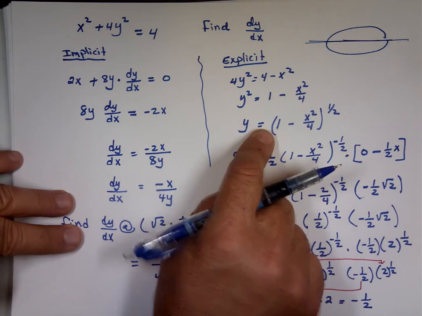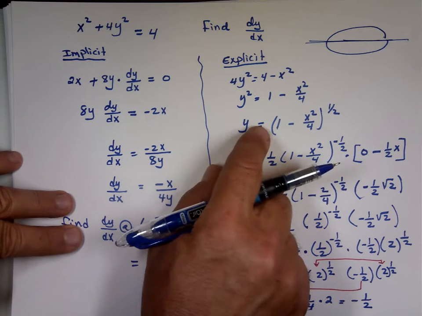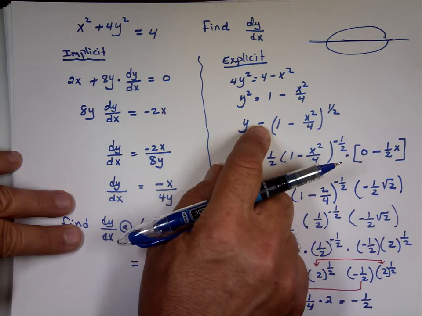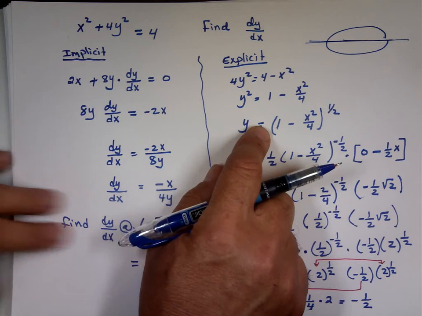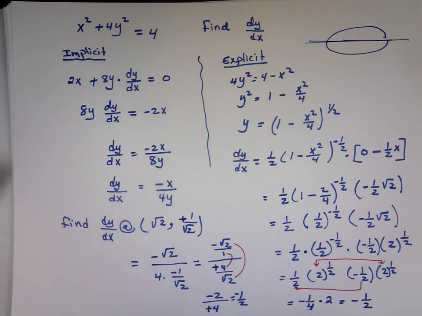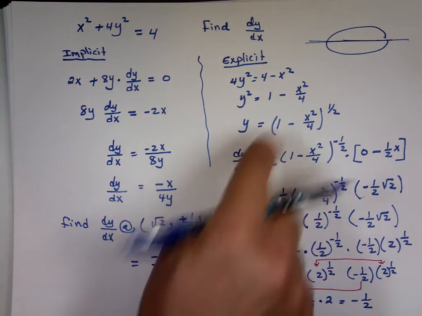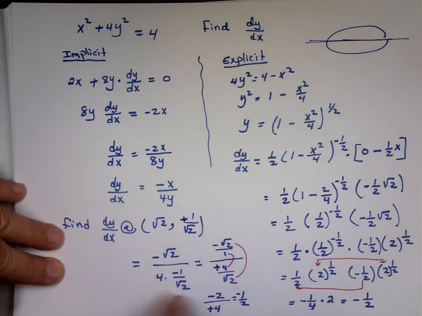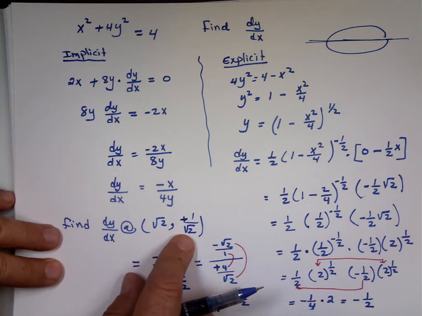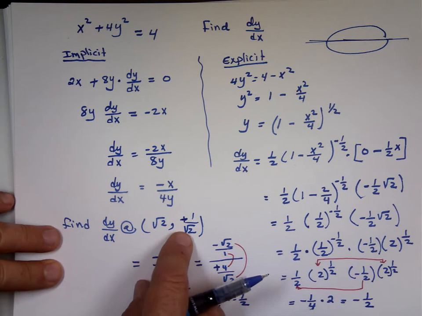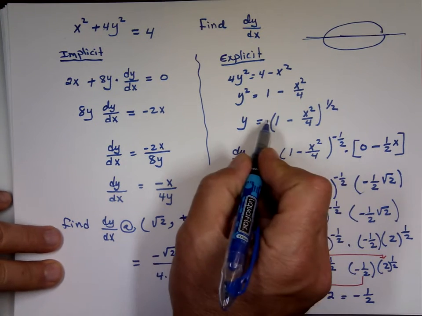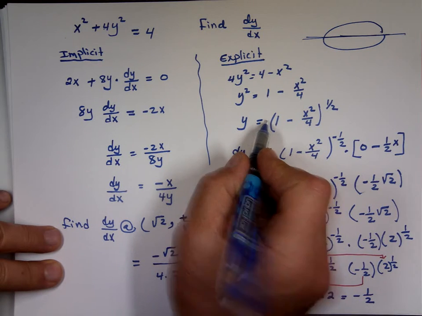So I could have left that as a minus, then I have to put a minus right here. Anytime you have y squared equals a value, then y equals either plus or minus. There's two functions. I use the plus, the top half, which means that point cannot be negative. If I wanted to use the negative here, I have to put a minus here, not a plus. That would be the bottom half of that picture.